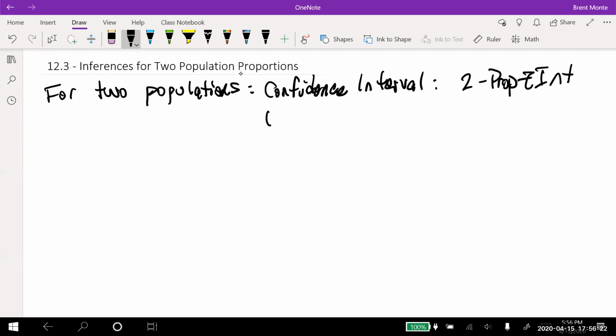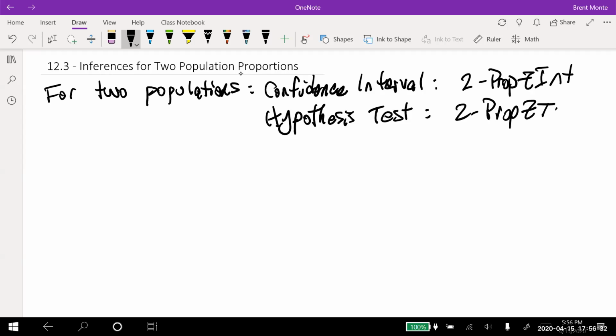And for a hypothesis test, you've probably already guessed this, it's called a 2-prop Z test. That's the end of the lecture on this section. I'll show you an example so that you see it really is as simple as that.